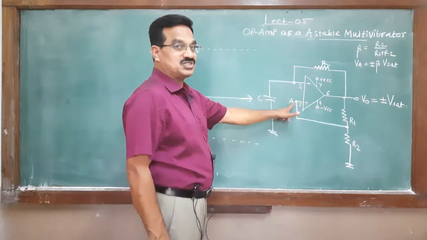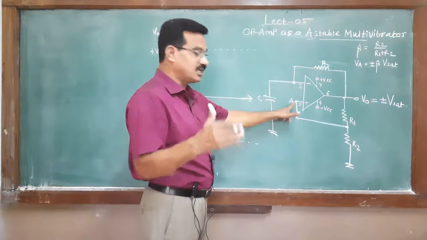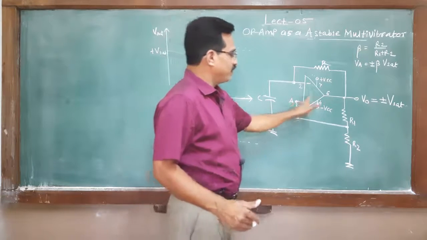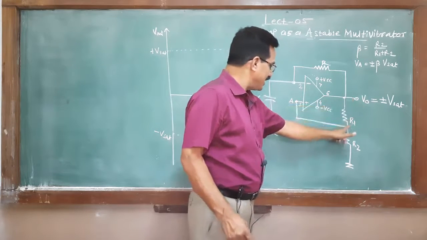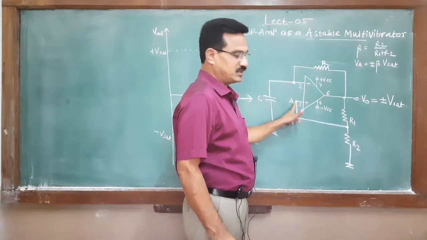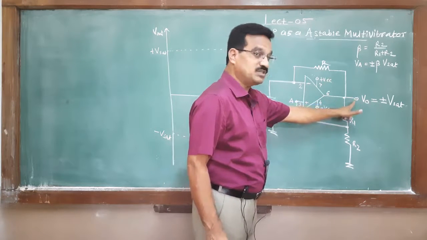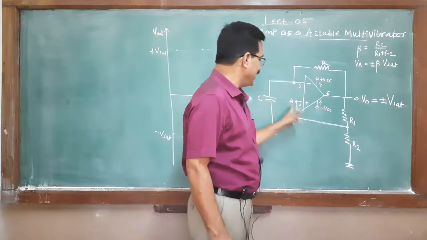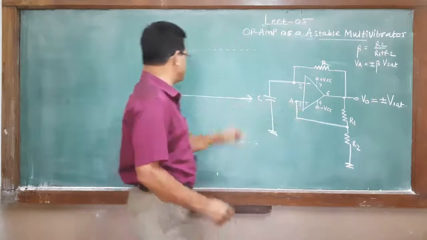These are the threshold voltage levels for the non-inverting terminal. When the output is positive, at that time the input here is beta V saturation. When the output is negative, meaning minus V saturation, at that time minus beta V saturation.